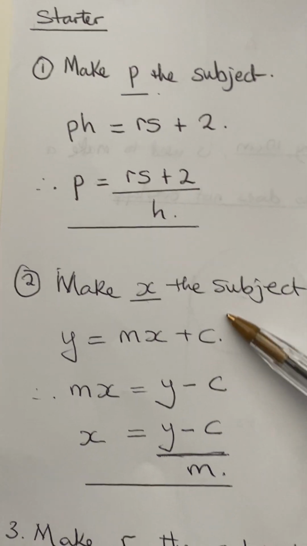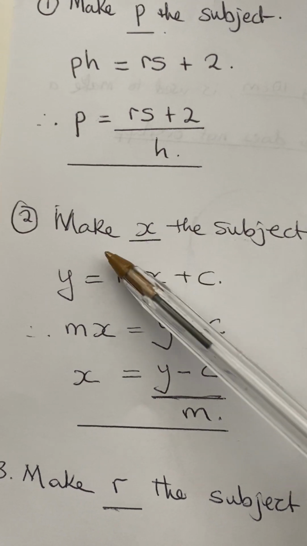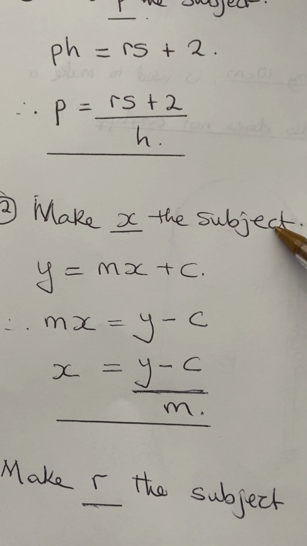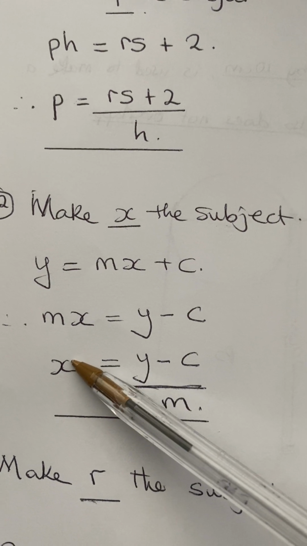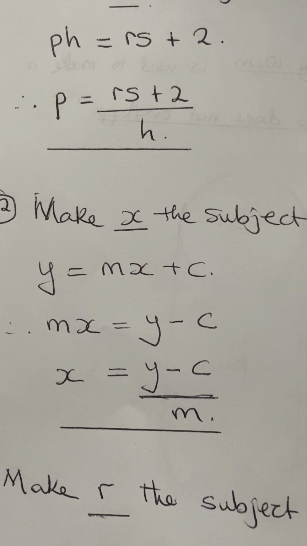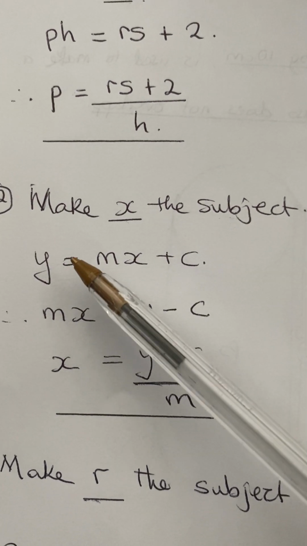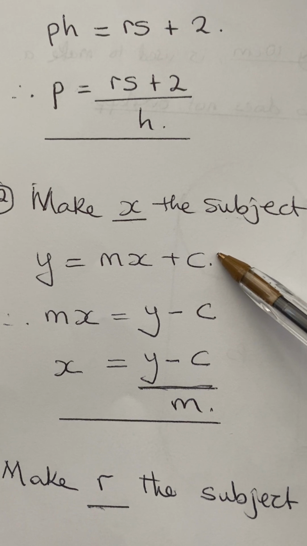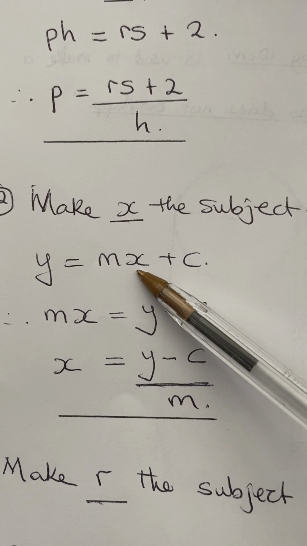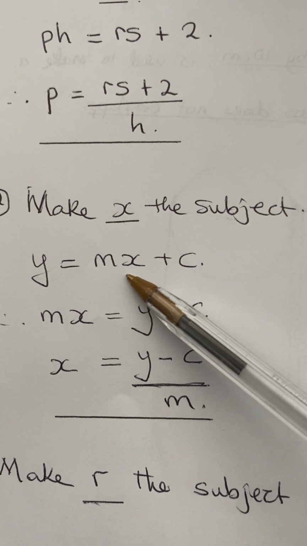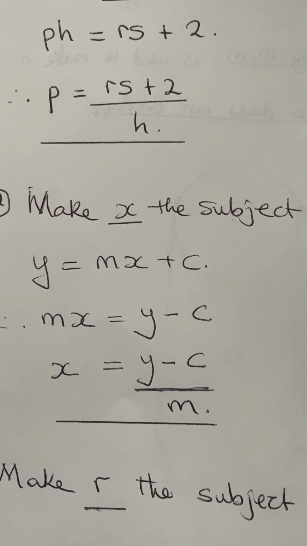Now the second part, make S the subject. So your final answer should be X equals something. If you look carefully, this is the equation of a straight line. mx, m is the gradient, c is the y-intercept.